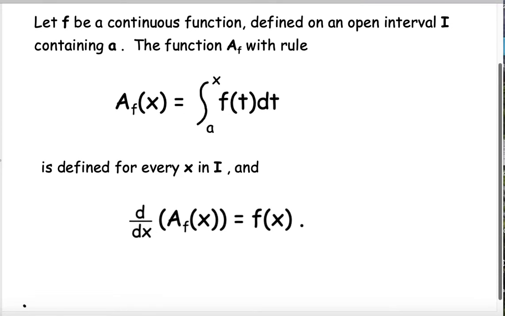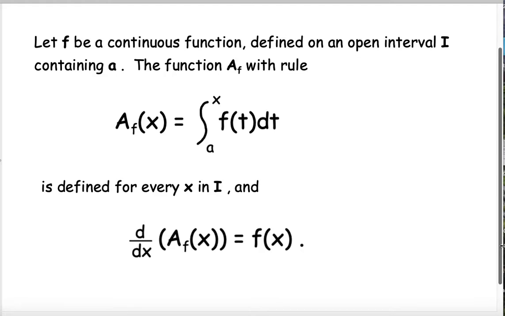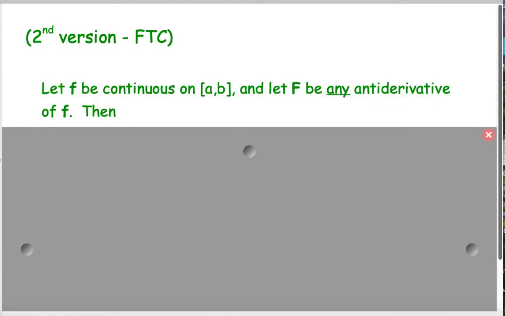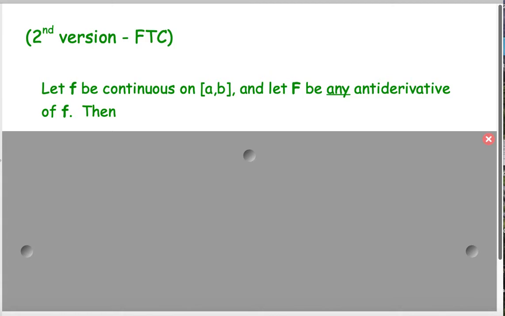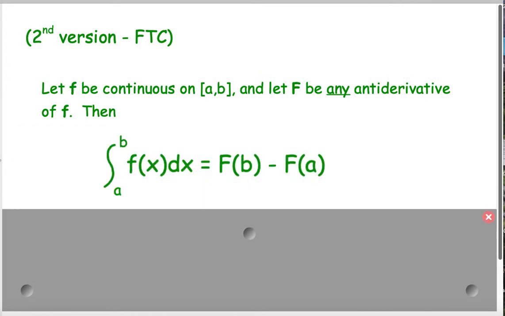That's a connection that you wouldn't normally have thought of, but the second version of this fundamental theorem of calculus is going to help us evaluate integrals now without using rectangular approximations. So if f is continuous on the closed interval a, b, and capital F is any antiderivative of f, we know there's a whole family of antiderivatives because of the constant, then the integral from a to b of f of x dx is going to equal F of b minus F of a.